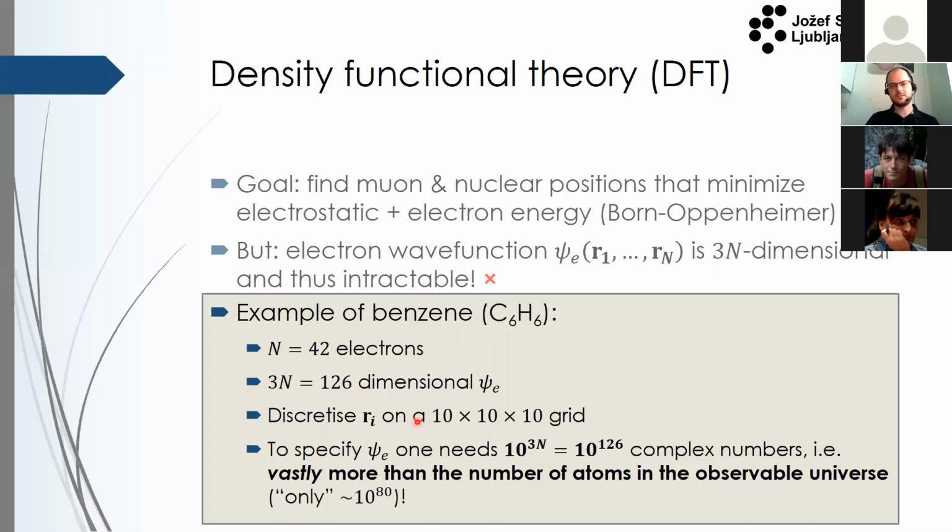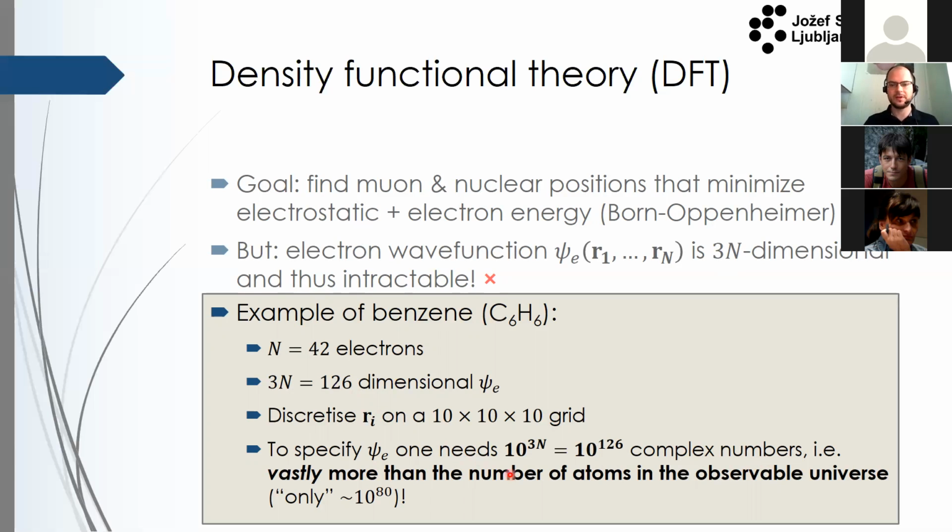If we discretize each coordinate on a grid of 10 points, which is quite coarse actually, then to specify the amplitudes of the wave function, one would need 10 to the power of 3n, so 10 to the power of 126, different complex numbers.